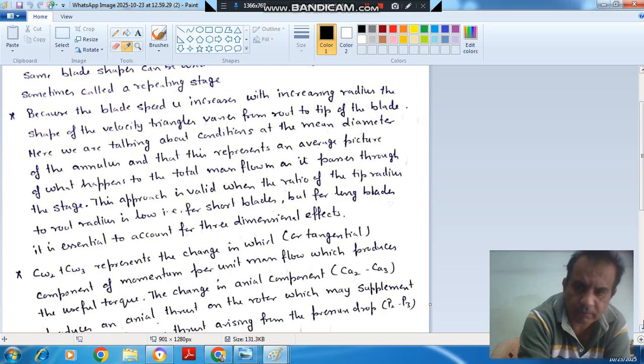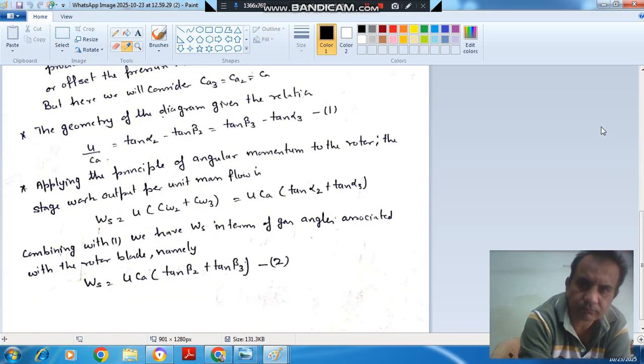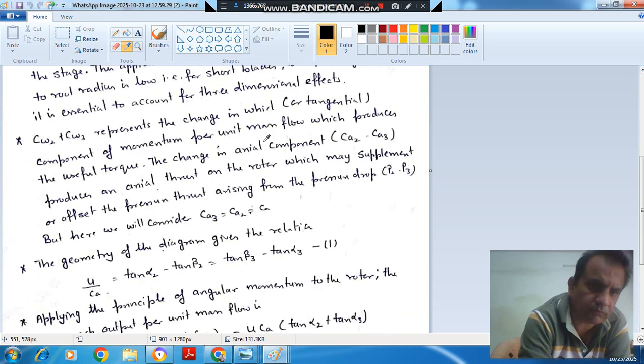Okay. And next point is CW2 plus CW3 here represents the change in one component of momentum per unit mass flow, which produces a useful torque. The change in axial component, CA2 minus CA3, produces an axial thrust. Okay, because we are assuming CA2 is equal to CA3, that's why there is no axial thrust. But if it exists, then there will be axial thrust.